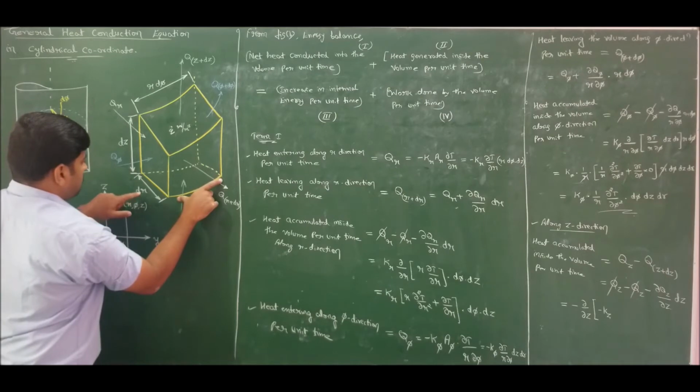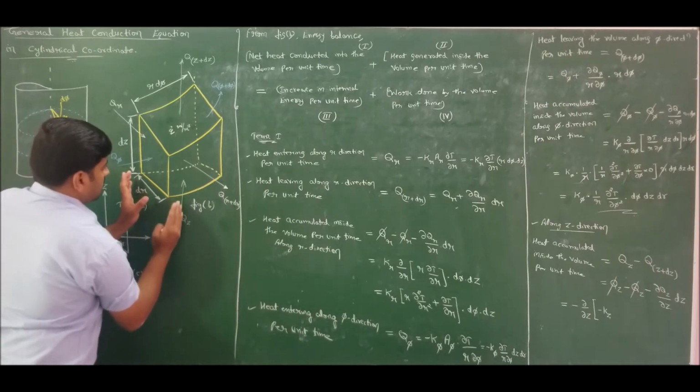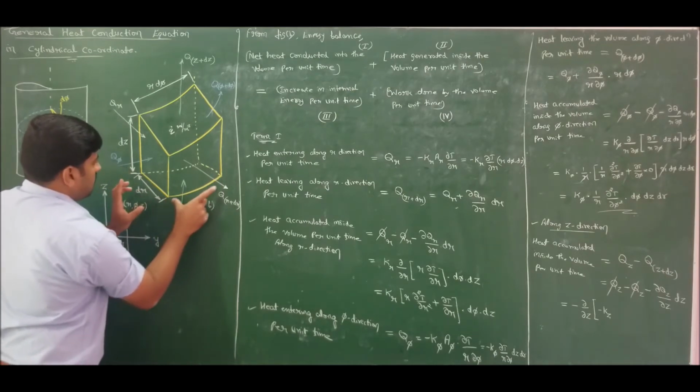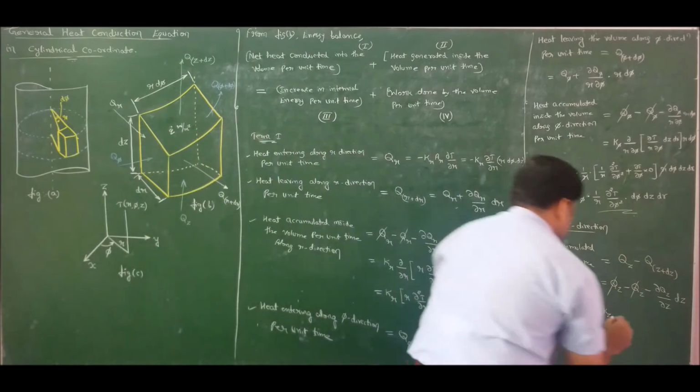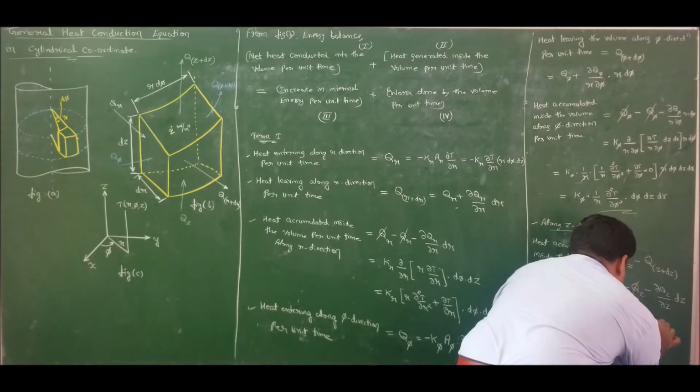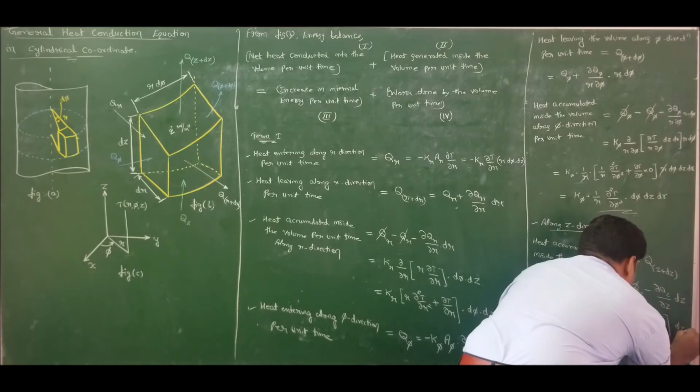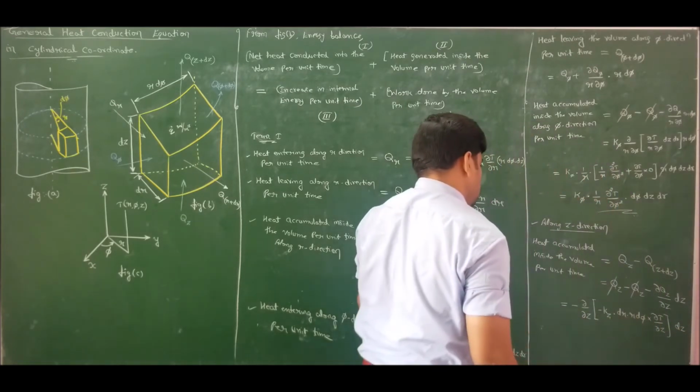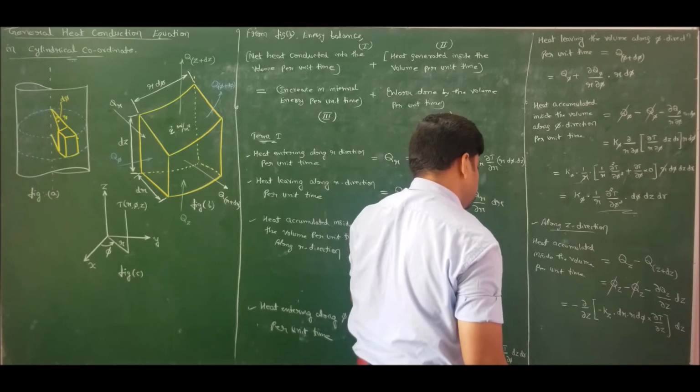This length is r d phi, this is dr, the area perpendicular to the direction of heat flow along z direction is dr r d phi, into dou t by dou z, whole multiplied by dz.